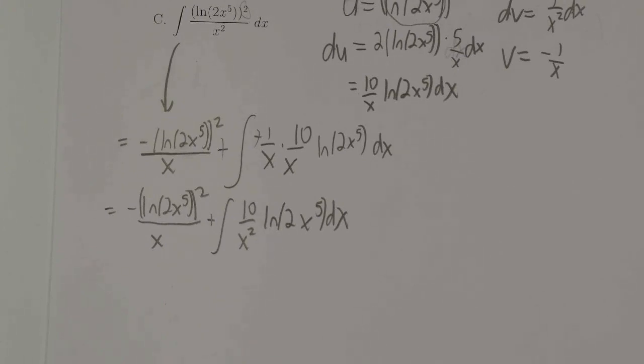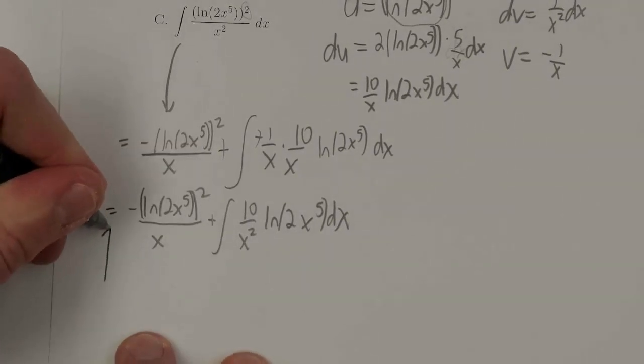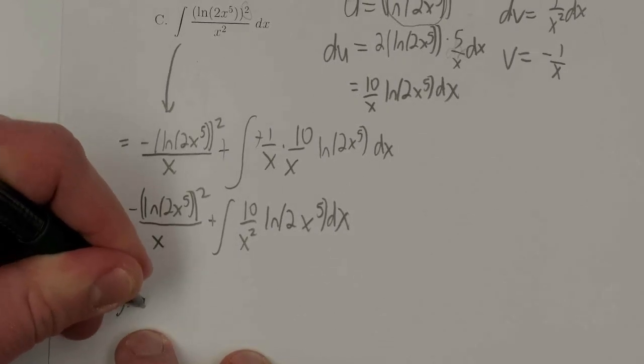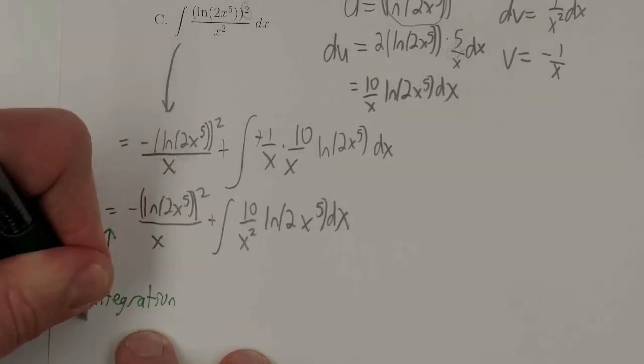So substitution's probably not going to work. So what's our only option left? Looks like we got to do by parts again, don't we? So just so you guys know, there will be problems where you may have to do multiple integration by parts.